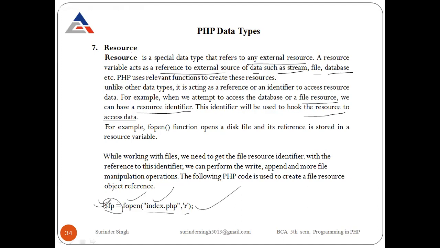Here we have to provide the full path of the file, like in which directory, in which folder your file exists. The fopen function will open the file if the file exists, or otherwise it will create a new file. And the second argument specifies the mode of opening, like r means reading mode. You are opening the index.php file in reading mode.